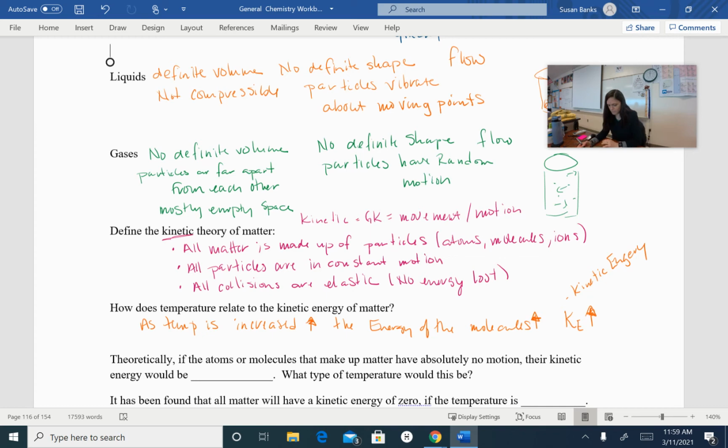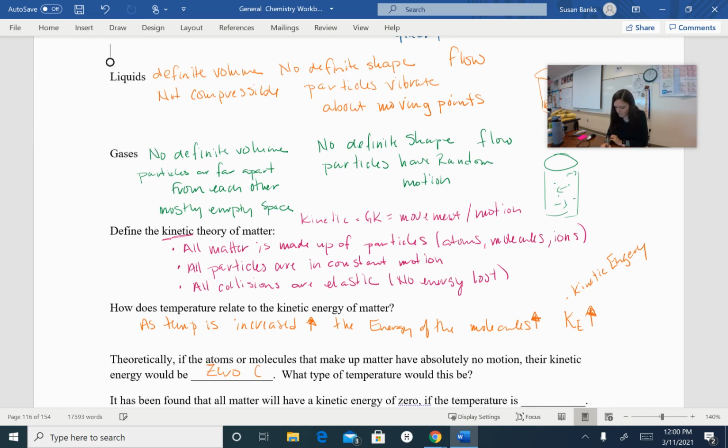Okay? All right, think about this. How cold would it have to be for the molecules to absolutely stop moving? Theoretically, if the atoms or molecules that make up matter have absolutely no motion, they stop moving, their kinetic energy would be zero, right?